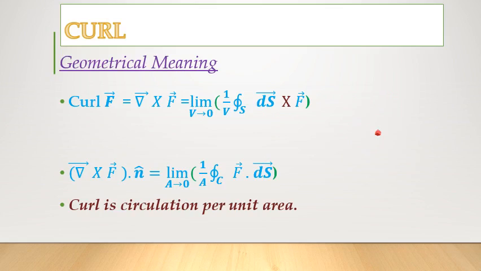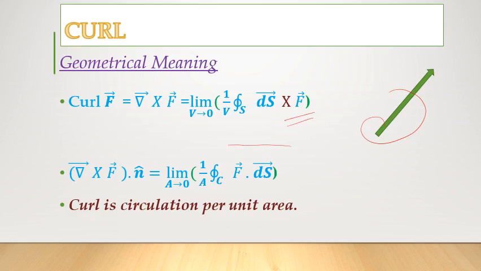Similarly, as the volume goes to 0, then you have the curl vector defined here. Okay, this is the curl vector at that point. As the volume goes to zero, it will go to some limiting vector, and that limiting vector is called curl.